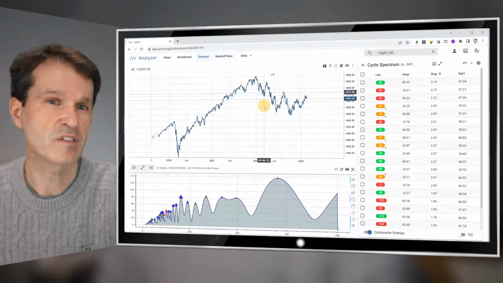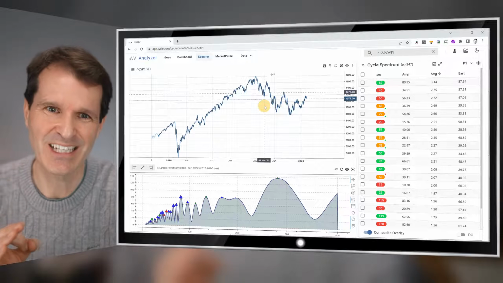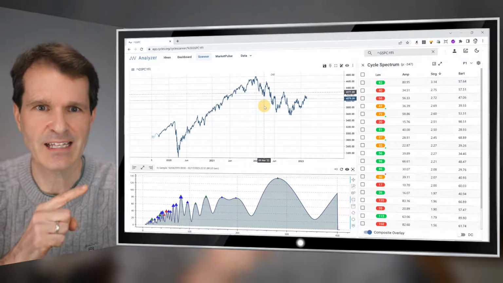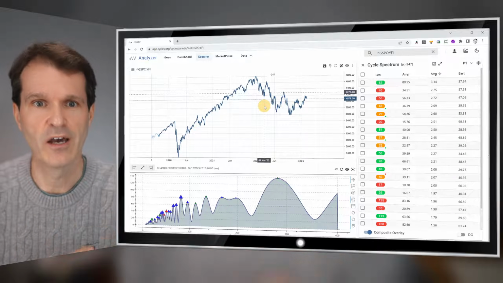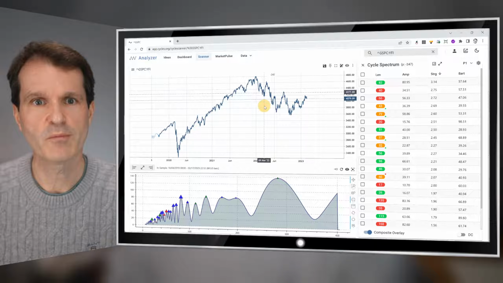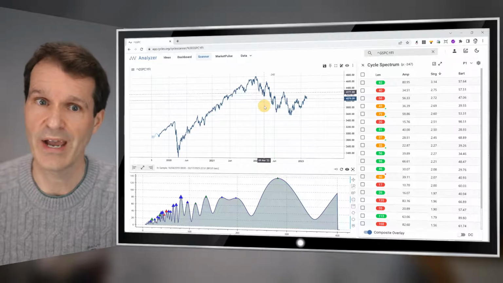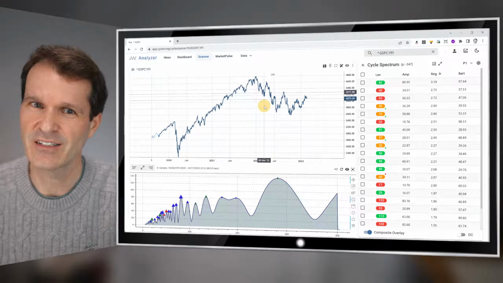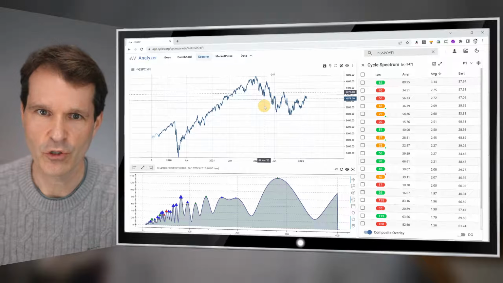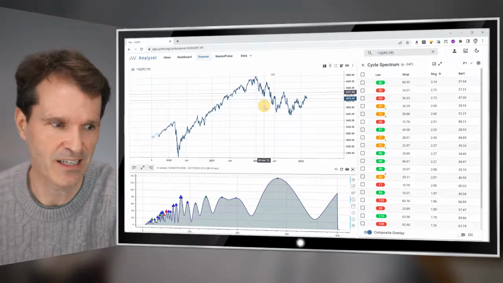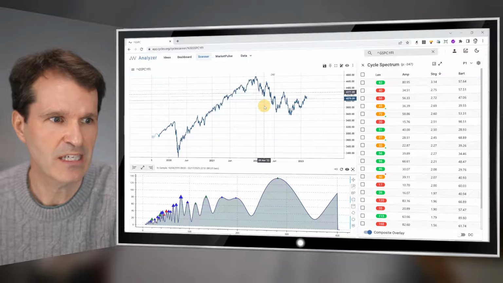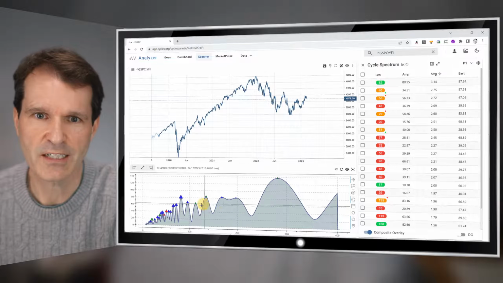So that's the first decision you need to make: how much data do you put in? The standard setting is designed for this specific data set. For longer-term historical analysis, you need to add more data, but then it's not as reliable for short-term projections.